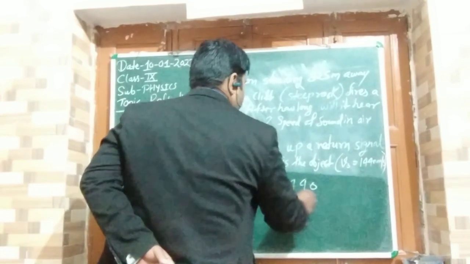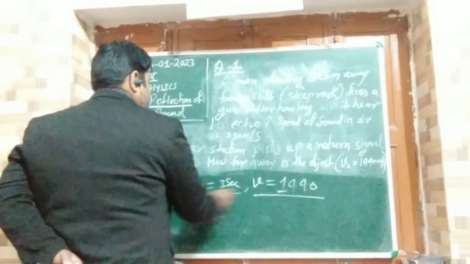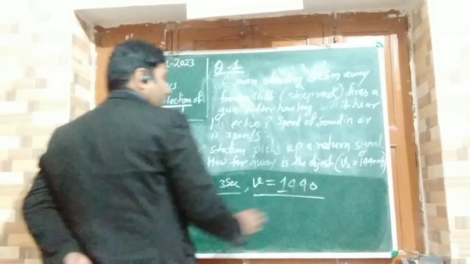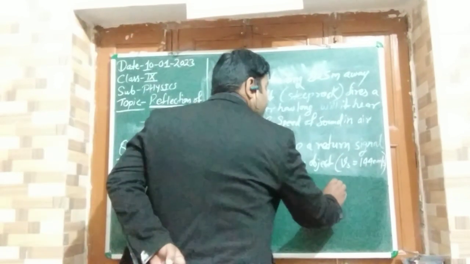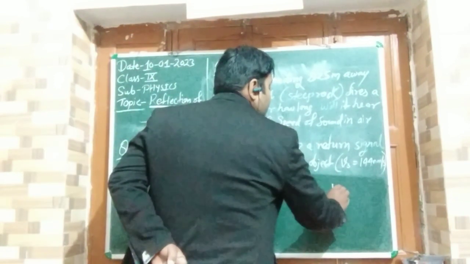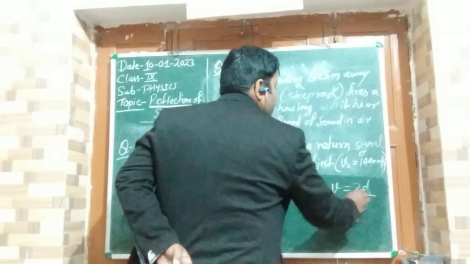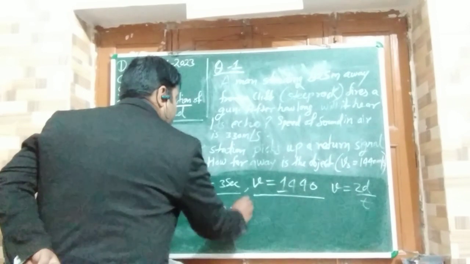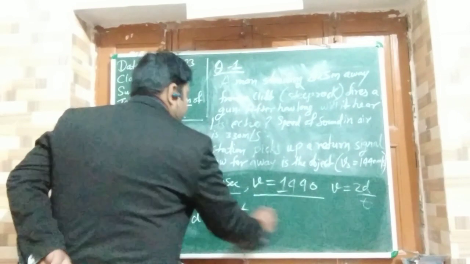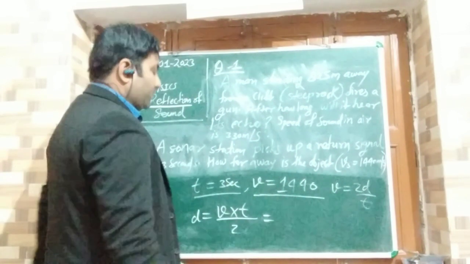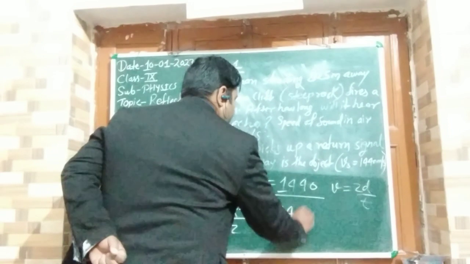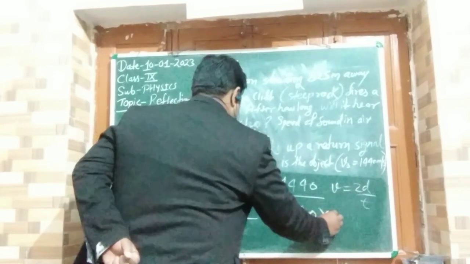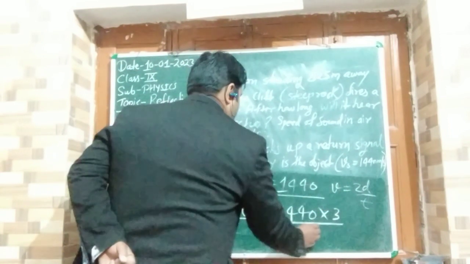1440 is given. Clear? So time is given, speed is given, then the formula you know: v is equal to 2d upon t, then d is equal to v into t upon 2. Speed is 1440, and time is 3, upon 2.